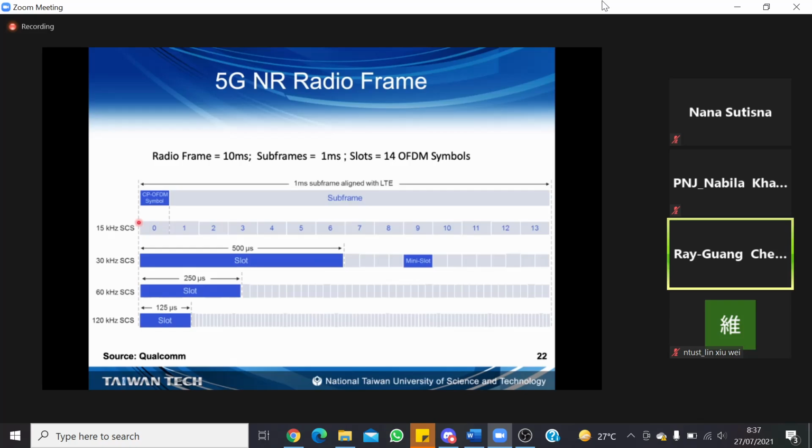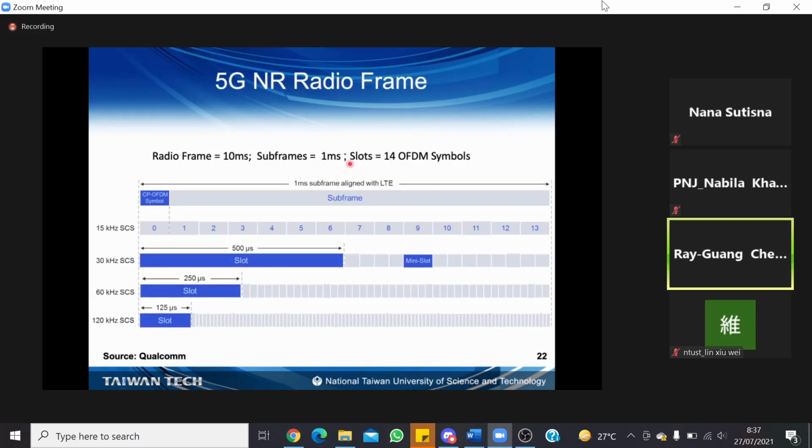This is for 15 kHz subcarrier spacing. So this is 1 millisecond subframe in LTE. In 5G new radio, the radio frame is the same as LTE, 10 milliseconds. The subframe is the same as LTE, 1 millisecond.